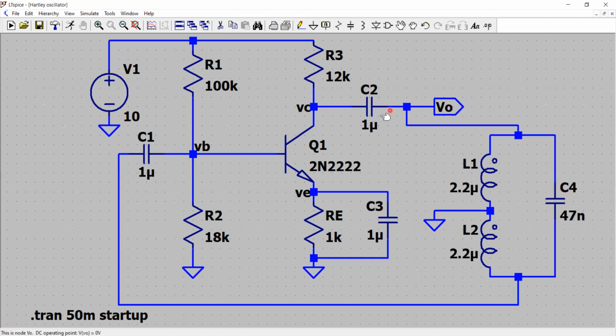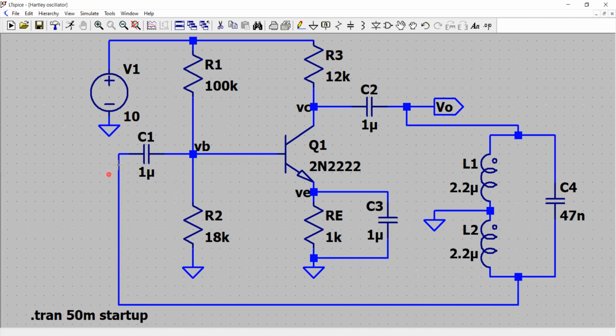So the output of the amplifier becomes an input to this network, which is the tank circuit formed by L1, L2 and C4, and then the output of this tank network is fed back to the amplifier input.